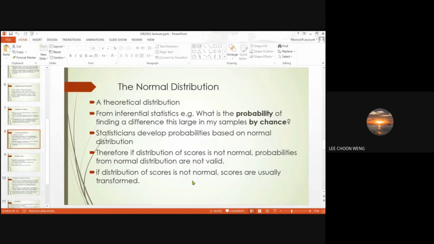So it is always recommended that you transform your data so that you can test your statistics using parametric methods. Only if even after transformation you couldn't get a normal distribution, then you have no choice but to use a non-parametric approach.